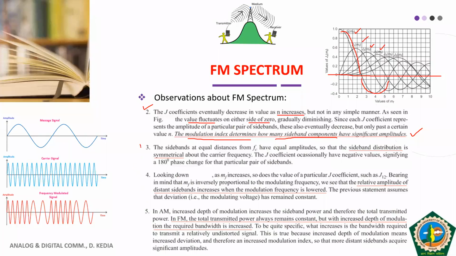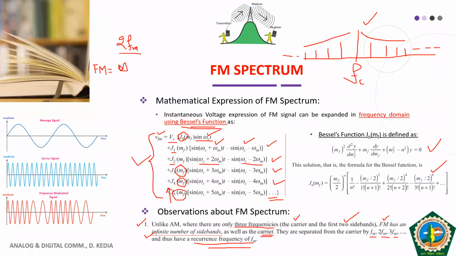Now let us move to observation number 3. I told you in the previous slide that the sidebands are at equal distances from your carrier frequency. The individual sidebands corresponding to a given Bessel coefficient, say J1, are omega c plus omega m and omega c minus omega m.